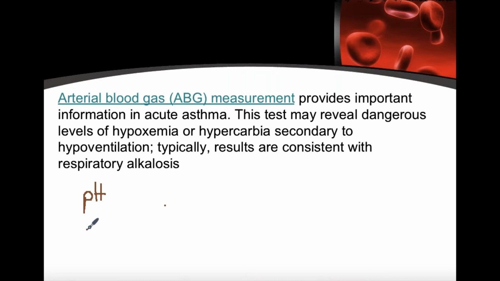So when you get them, you're going to have pH, percent hydrogen, right? We think about it as acid. You're also going to have your CO2, carbon dioxide, that is. And then you're also going to have your bicarb.